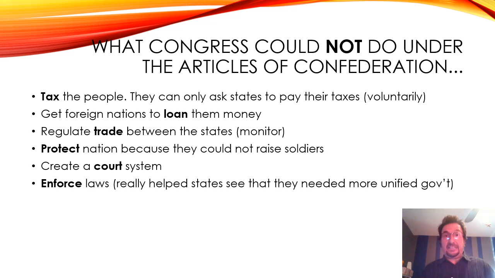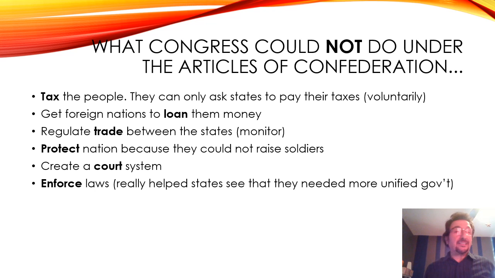Even though it had some achievements, it had a lot of failures. The 6 things that it could not do: 1, it could not tax the people. They could only ask states to pay the taxes, on a voluntary basis. It's like, nah, I don't feel like doing it.